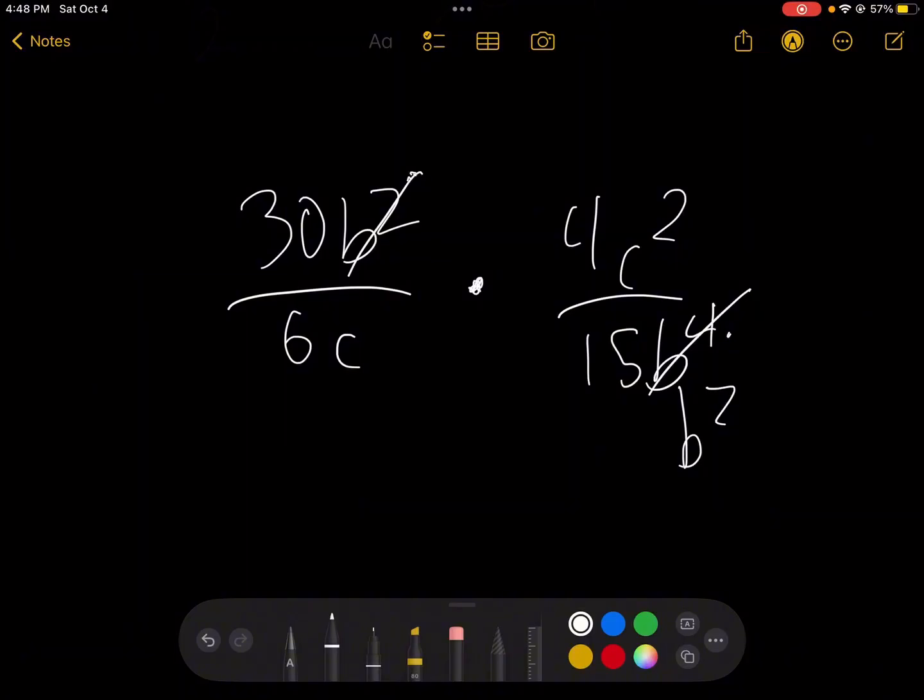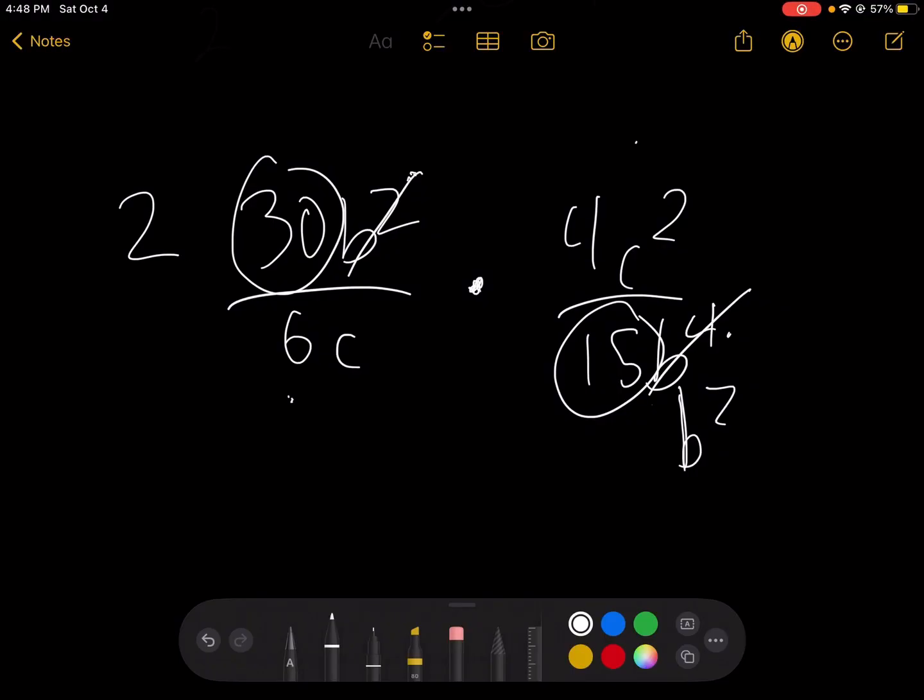And then the GCF of 30 and 15 is 15. What I said, if you divide something by itself, it just becomes 1. You don't need to write 1 if there's a variable, because if there's a variable there, it already means there's a 1. And then you divide 30 by 15, which is 2.